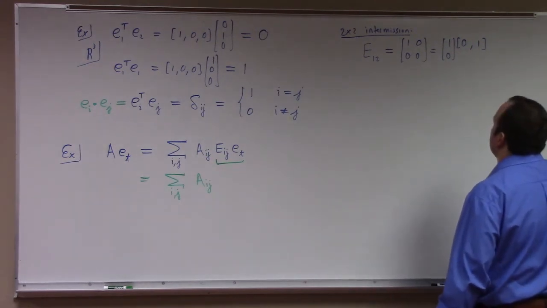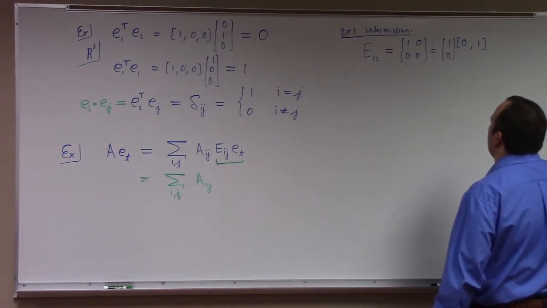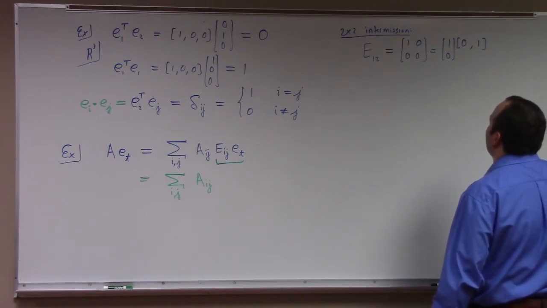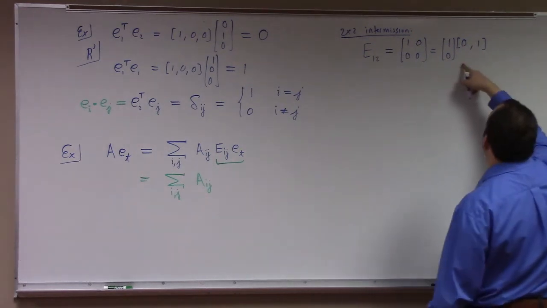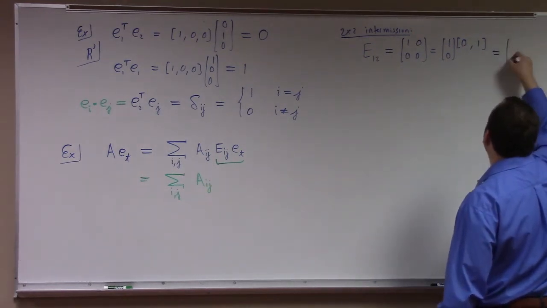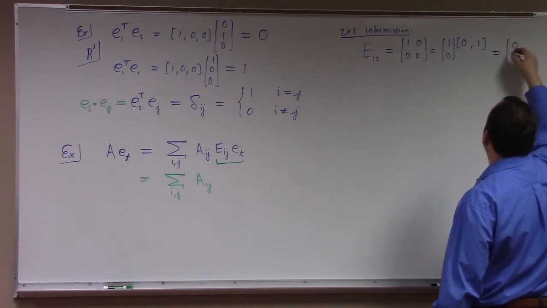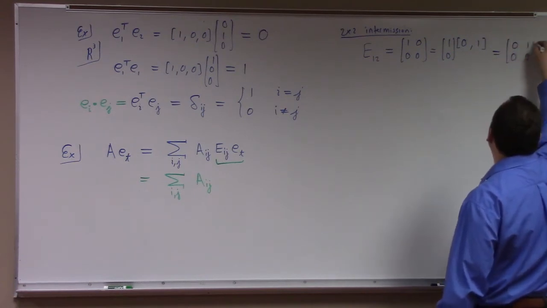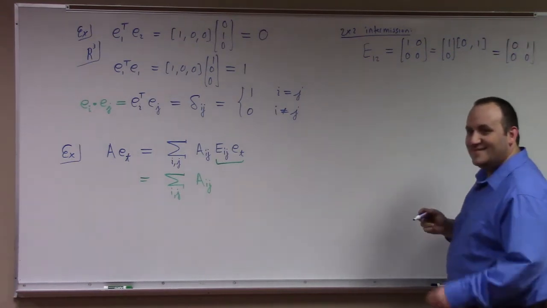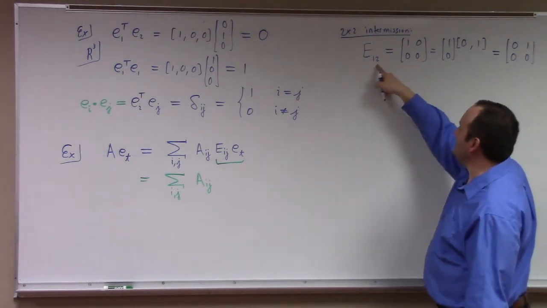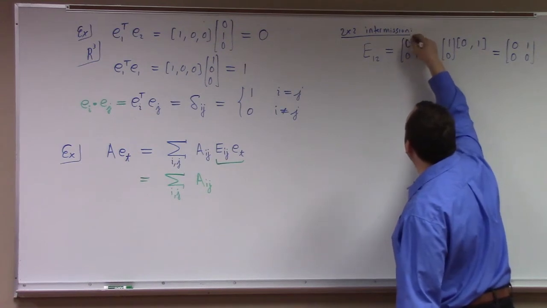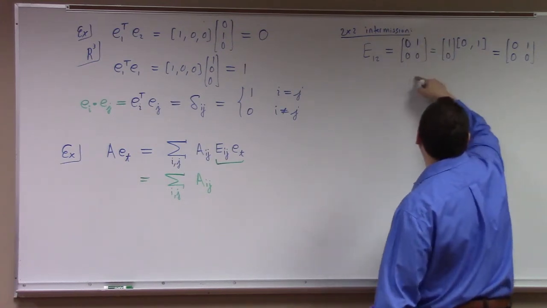Wait a minute. I think I messed that up, didn't I? Oh, yeah, I see. This is fine. What is this equal to? 0, 0, 1, 0. Which is, by the way, what I should have written here. The definition of E12 is it's got 0, 1, like that.